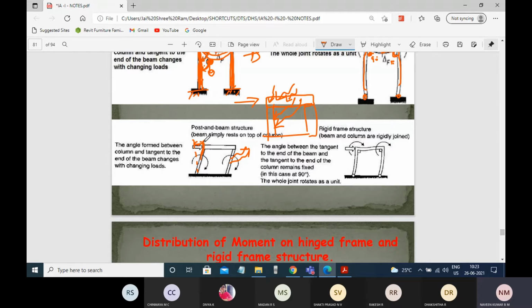The detailing of the column reinforcement will be passing into the beam, and again the beam's bending rods will be placed into the columns, so you can see the attachment.